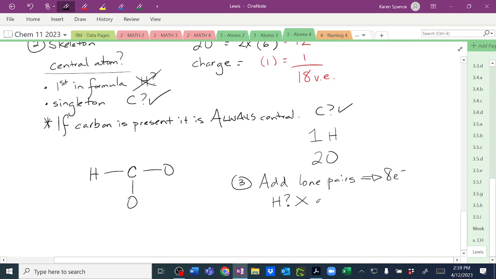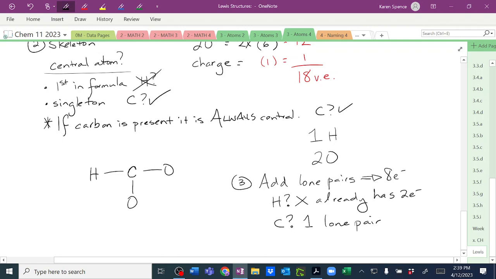No, because it already has 2, and hydrogen is one of the exceptions that only needs 2. How about carbon? Does carbon need any lone pairs? Yes. How many electrons does carbon have right now? It has 6, so it needs how many lone pairs? It needs 1 lone pair.